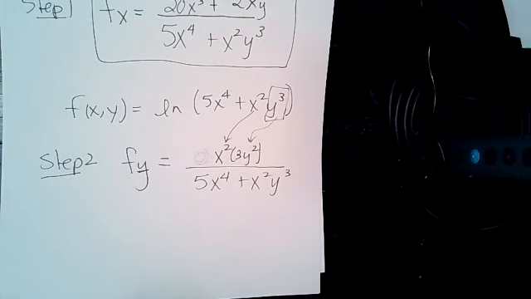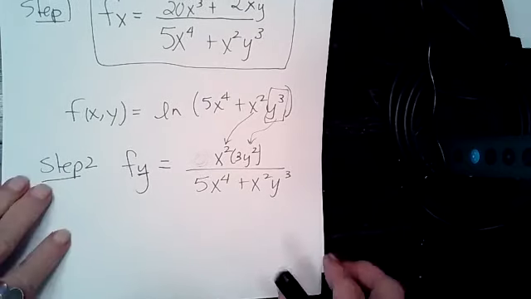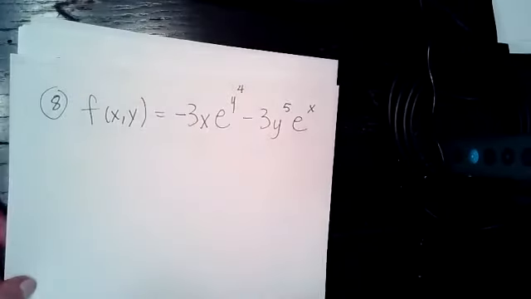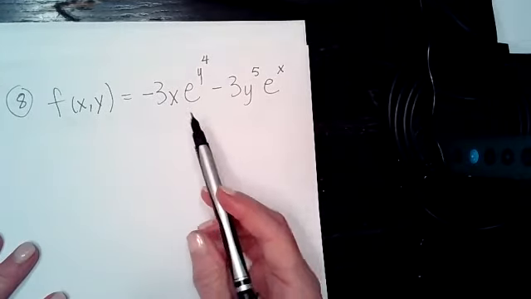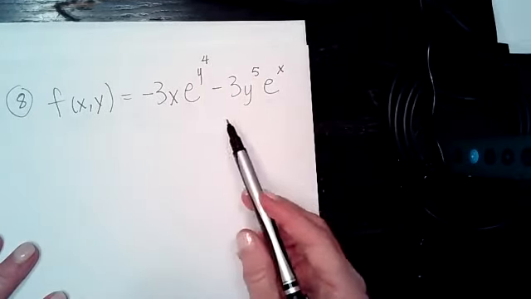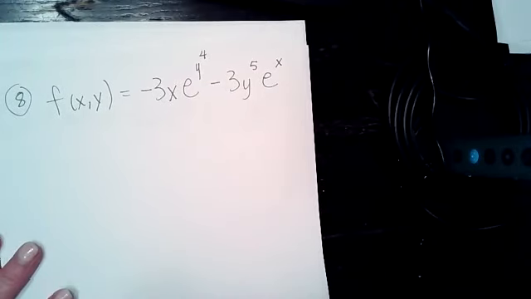Okay. All right. Moving forward. That was 7. This is 8. Okay, so that's negative 3x squared e to the y to the fourth minus 3y to the fifth e to the x.